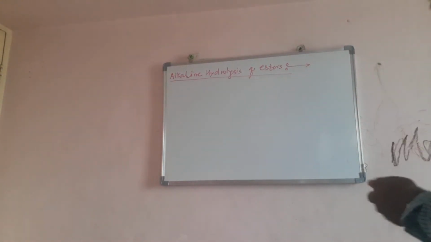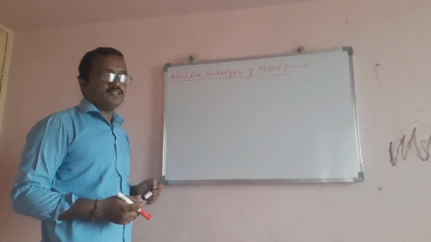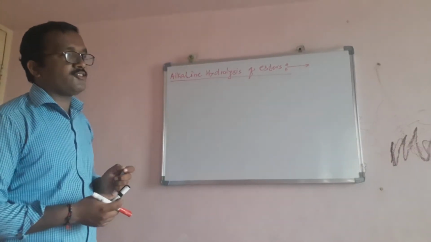Next method of preparation of carboxylic acid is from the alkaline hydrolysis of esters. Up to now we discussed acidic hydrolysis. Now we discuss the alkaline hydrolysis of esters.